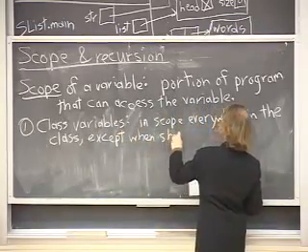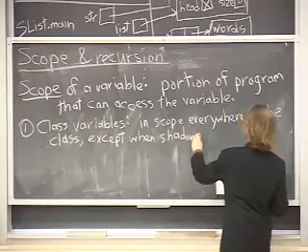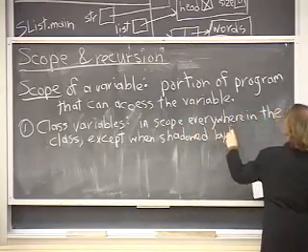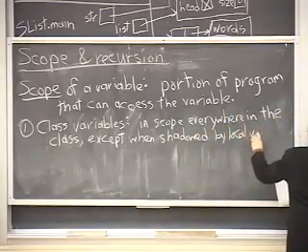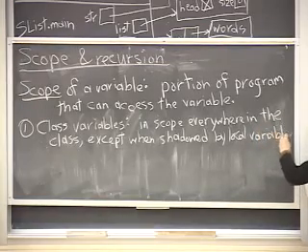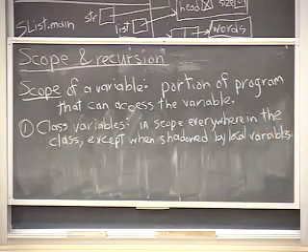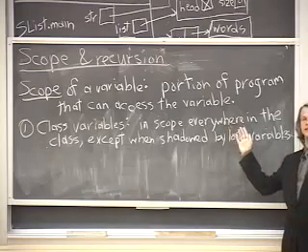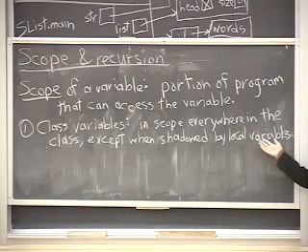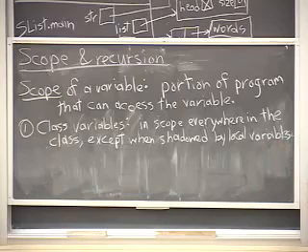Well, let's say shadowed by local variables or parameters, which are really local variables. So you might recall there were places where we had to write things like this.item equals item, because there was a field called item, and there was also a local parameter called item, and the two were in conflict because they had the same name.